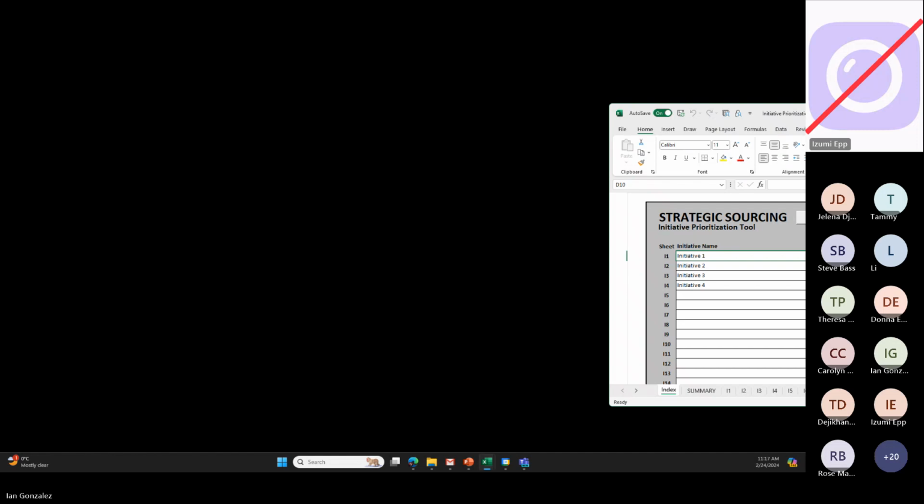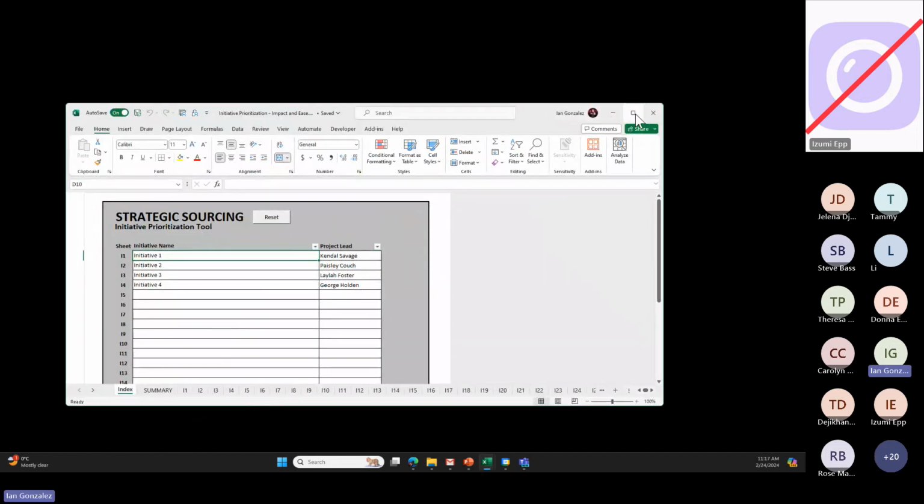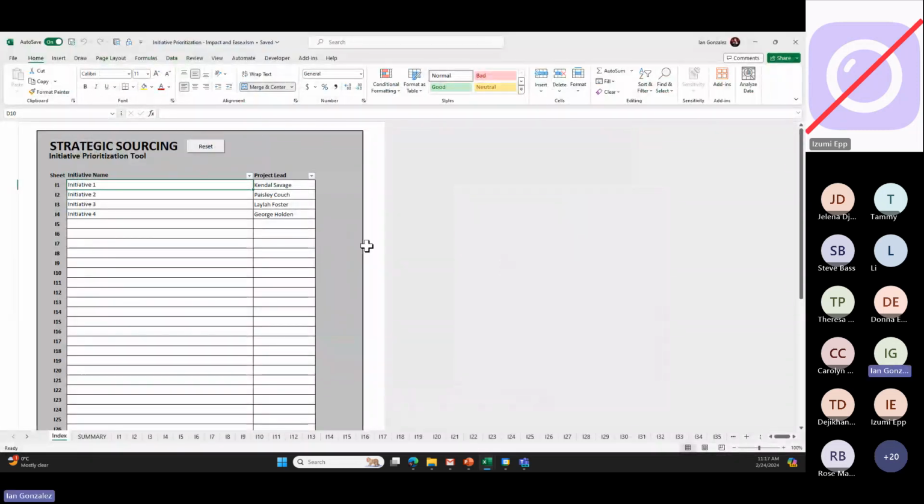Okay, the first one, impact and ease. How does this work? I forgot to put the instructions tab, but that's okay, we're recording this. The way it works is there's a registry over here. You just type in your initiatives, and ideally, these should be sourcing initiatives.